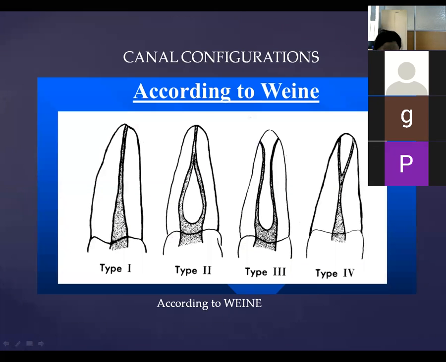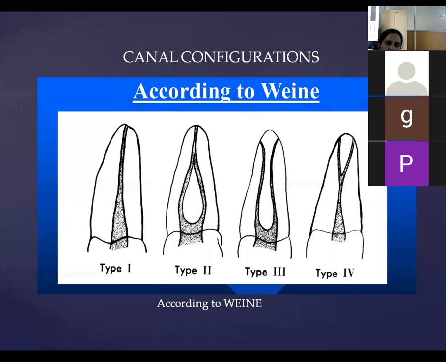Now, before starting with your proper access classification, you should know proper pulp chamber anatomy, and second, different root canal configurations. Otherwise, you won't know how many canals there are. Suppose all of you know that lower central incisors have one root and one canal.